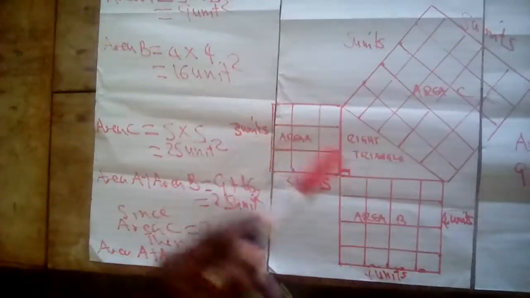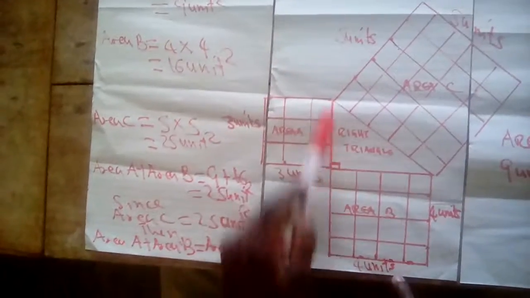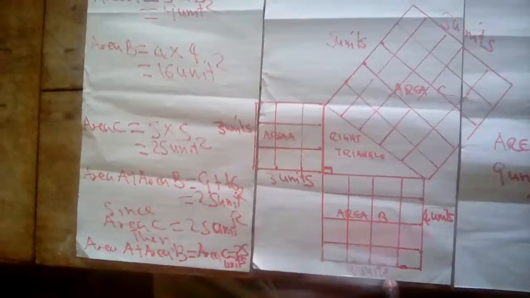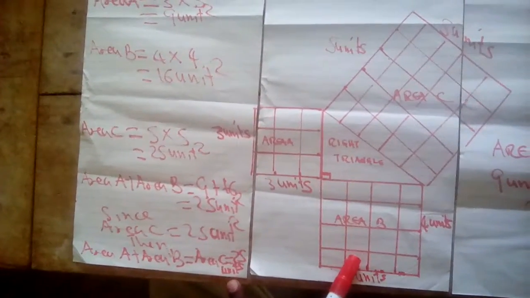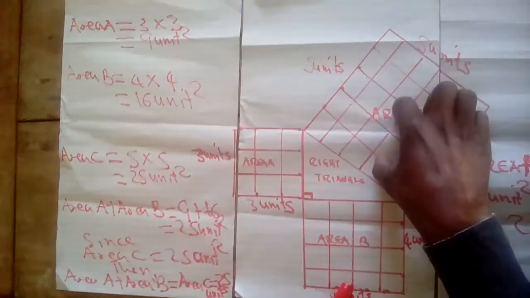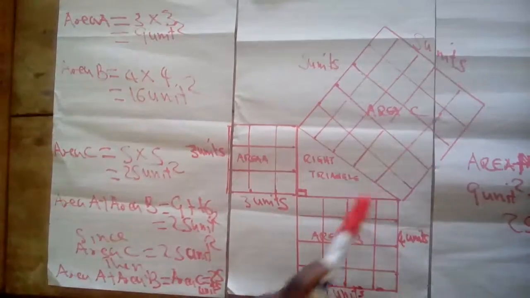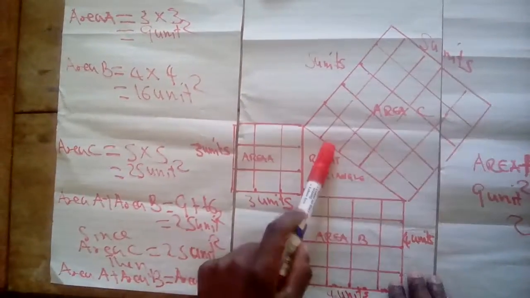So with these explanations, you can see that any right-angled triangle has a special property: the sum of the areas of the squares constructed on the two adjacent sides is equal to the area of the square constructed on the hypotenuse side. Thank you.